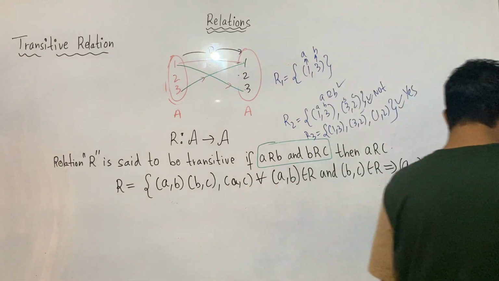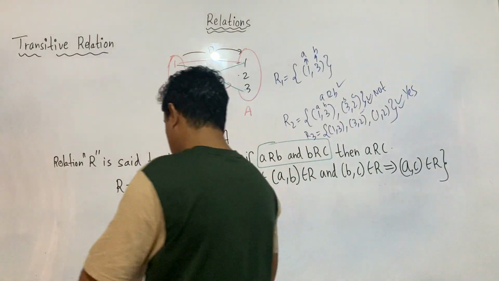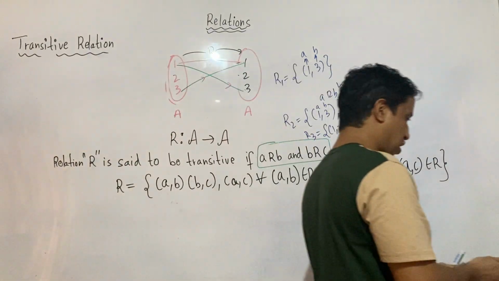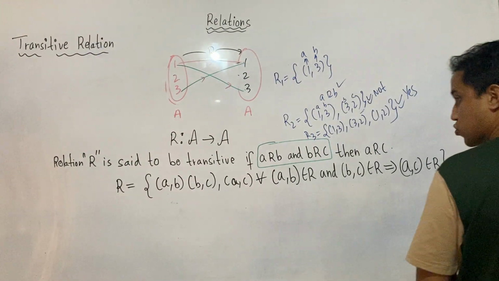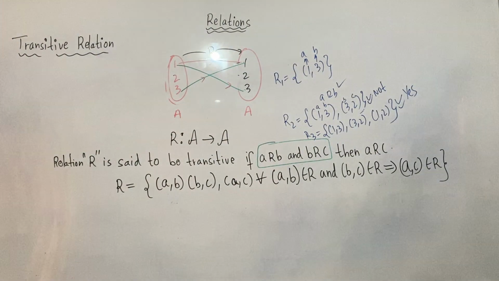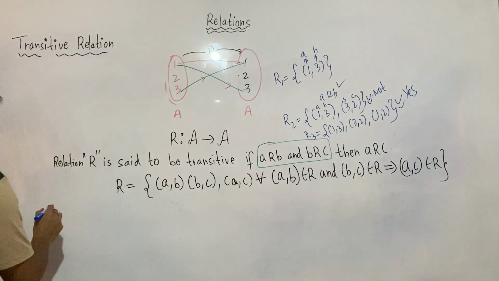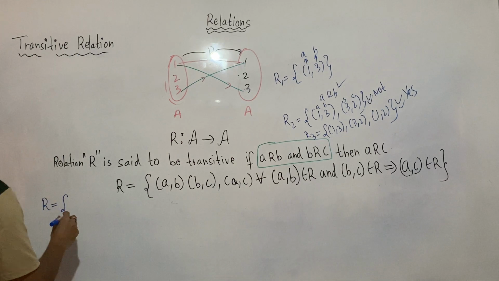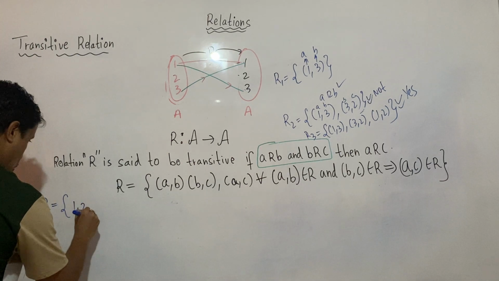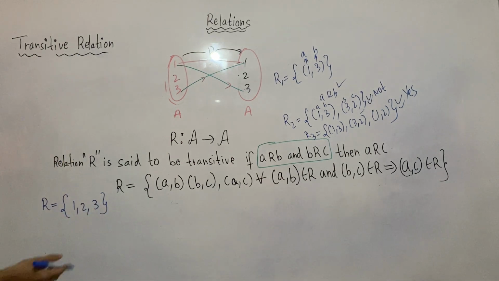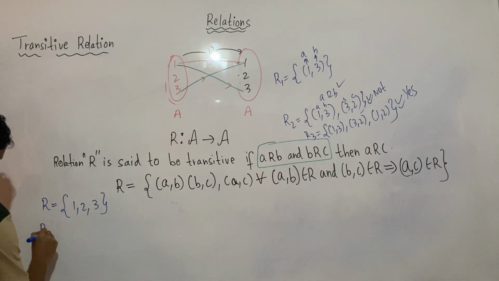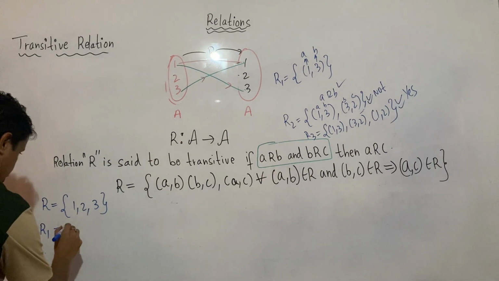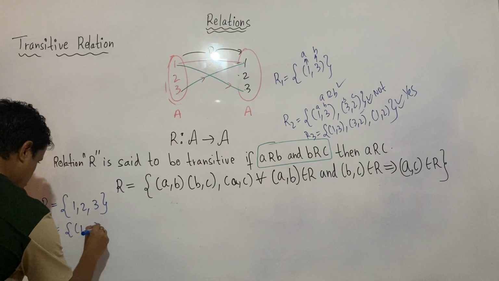Okay, let's say that you are given a set. We'll try to do some questions on it. Let's say you are given a set of these three elements: 1, 2, 3. Now here you are given relations. R1 is (1, 2).